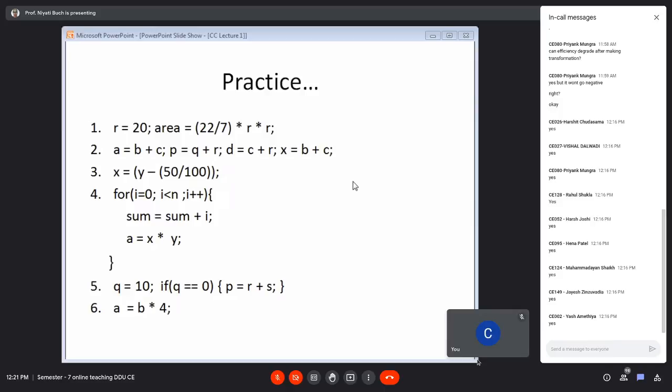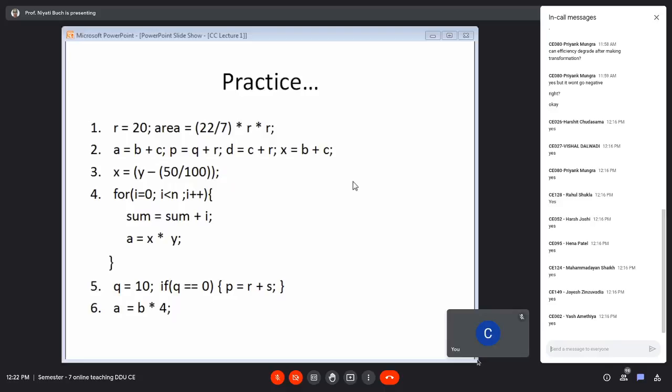We have studied 5 optimization transformations, starting with the first one, compile time evaluation. Then the second one we learned was common subexpression elimination. Then third was elimination of dead code. The fourth one we learned was frequency reduction, and the fifth, the last one that we just discussed, is strength reduction, in which we replace the operation by a low cost operation.